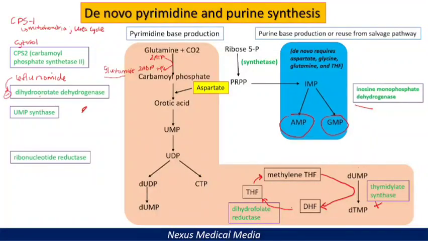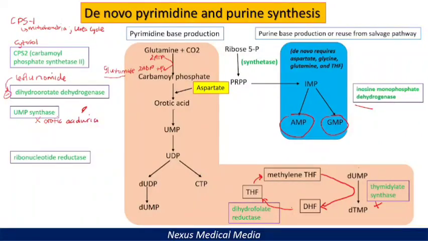Right, so what else do you need? Again, on the next step, from orotic acid to UMP, the enzyme we use is UMP synthase. This enzyme is the one which is impaired in a condition known as orotic aciduria.